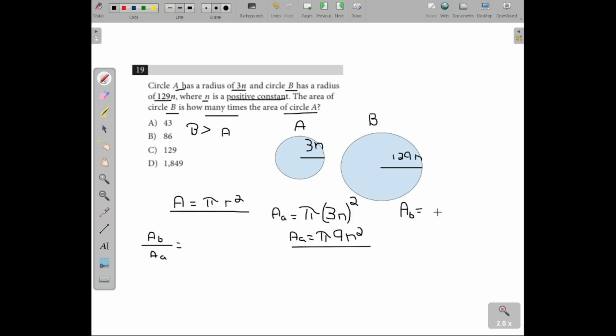The area of B is equal to pi times the radius to the square, which is 129n to the square.